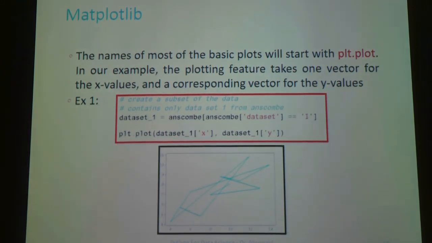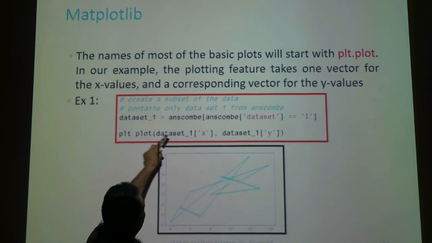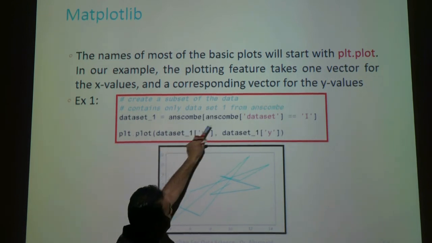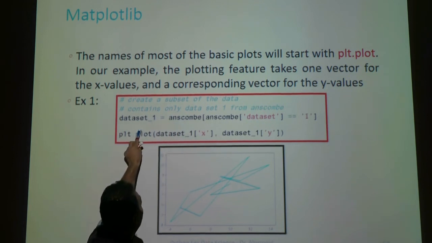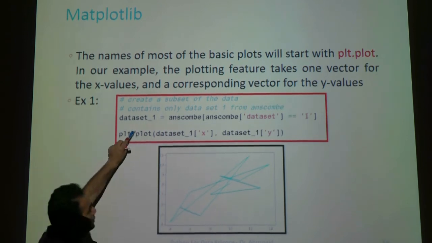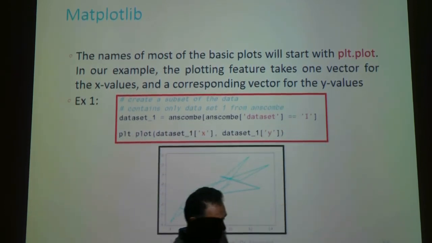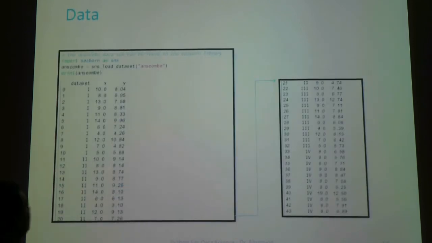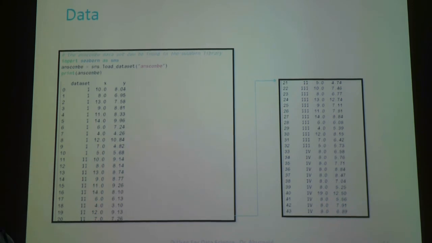So look in here, first example, plot. If you look at the Anscombe data set 1, I'm creating a sub data set from the Anscombe data set 1, taking the elements from 0 to 10 only.